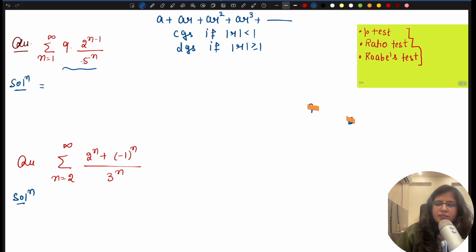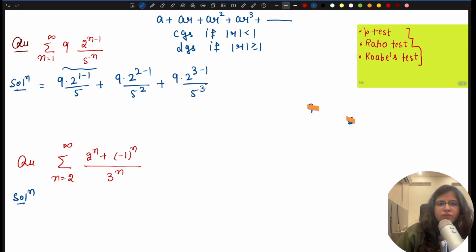So you expand the series, n को 1 put करेंगे. So 9 into 2 to the power 1 minus 1 divided by 5 plus 9 into 2 to the power 2 minus 1 divided by 5 square plus 9 into 2 to the power 3 minus 1 divided by 5 cube plus 9 into 2 to the power 4 minus 1 divided by 5 to the power 4 up to so on.